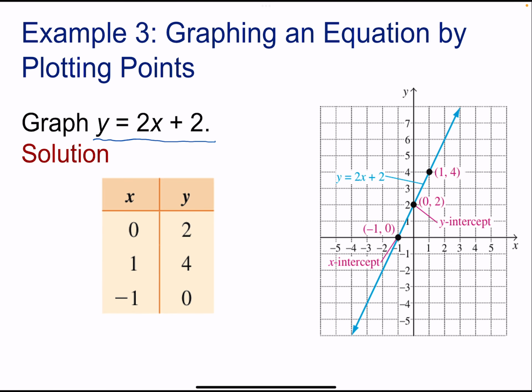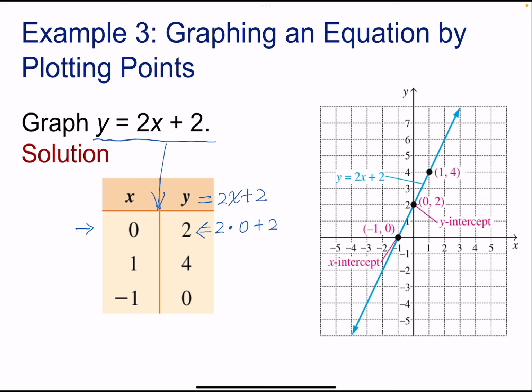For example, let's say x equals 0, and you find the y value. You plug x equals 0 into this equation, so y equals 2 times 0 plus 2, that's 2. That's why you get that.